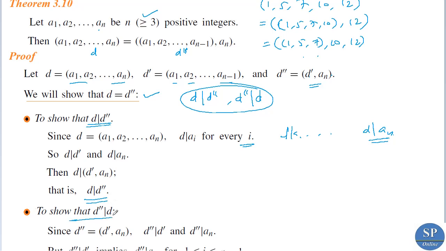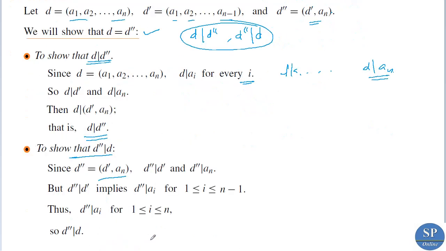Now to show that d double dash divides d. Since d double dash is equal to the GCD of d dash comma an, by the definition of GCD, d double dash divides d dash and d double dash divides an. So d double dash divides d dash implies d double dash divides ai for i between 1 and n minus 1.